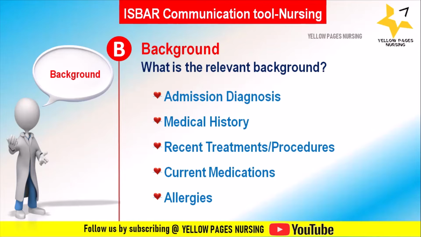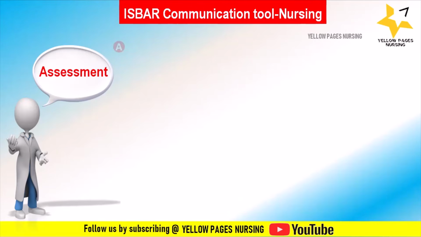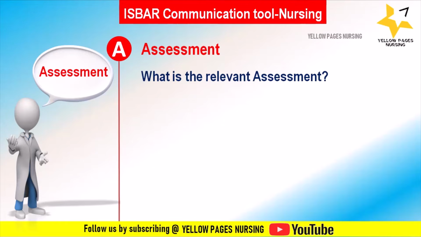Next component is assessment. What is the relevant assessment? This requires the interpretation of the situation and background information. Example, vital signs, including relevant vital signs like heart rate, respiratory rate, blood pressure, temperature, oxygen saturation, and pain.